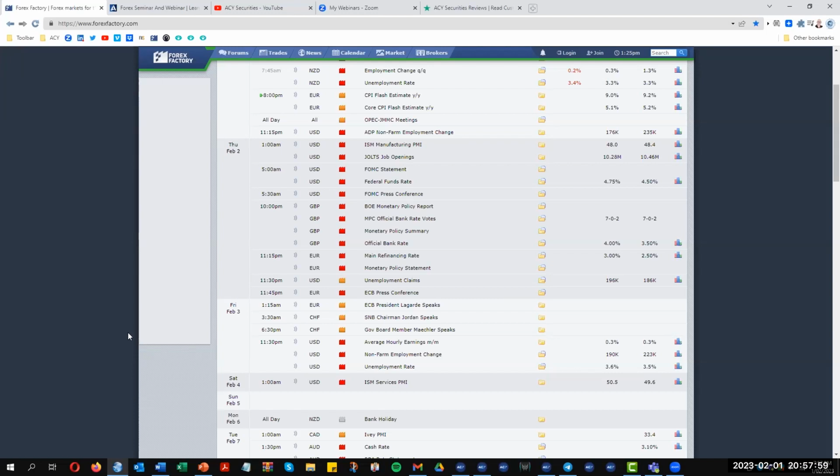So Harish is saying 50 basis points possible. Well, it's possible. Anything's possible. The market's probably factoring in 25. But if they come out in the morning with 50, then the euro dollar is going to drop. If the market's been factoring in 25 and we get 50, the US dollar is going to rise.